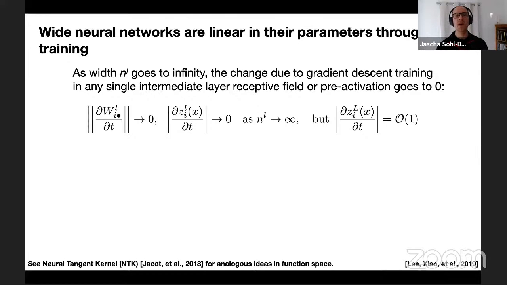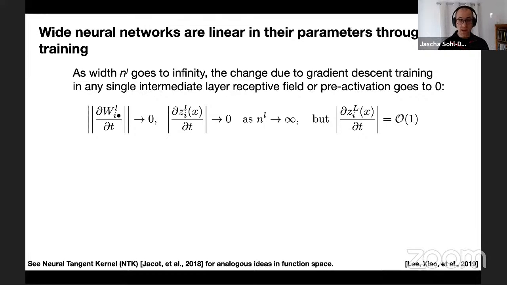Similarly, the infinite number of parameters throughout the entire network each individually change only infinitesimally. The net effect of an infinite number of units changing infinitesimally throughout the network is that all those infinitesimal changes sum up to produce an order 1 change in the network output, which is how learning occurs.